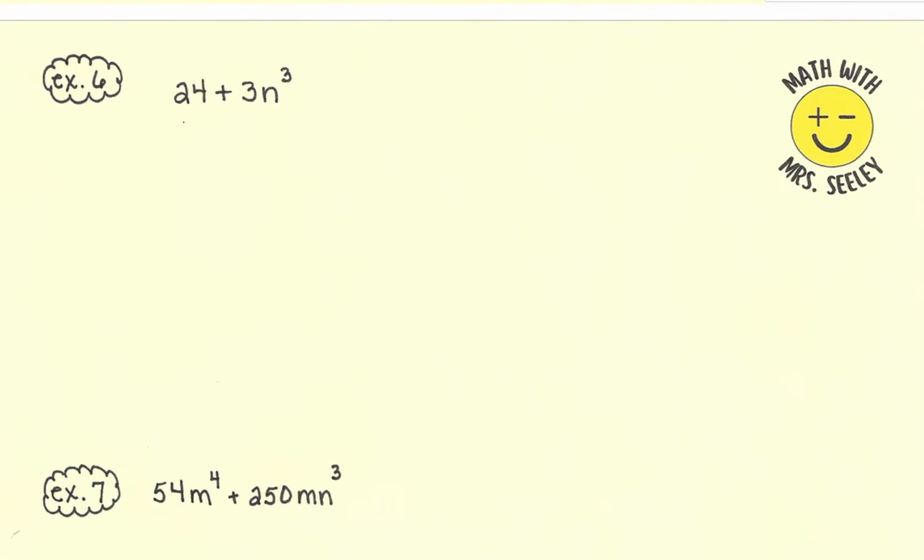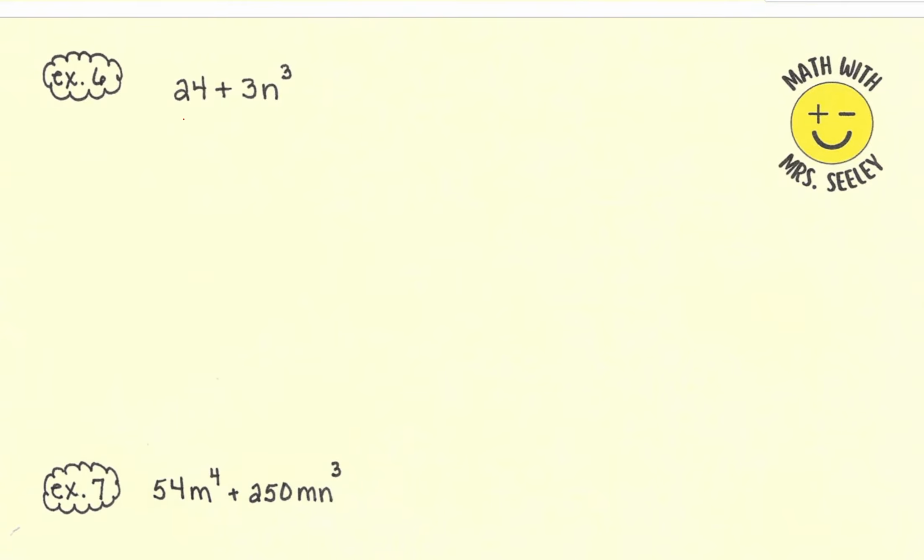All right, let's take a look at number 6. When I look at 6, as it is, it doesn't fit the pattern. I don't see that this is the same thing times the same thing times the same thing. However, this cube is making me think that there could be something going on. So I'll take out a greatest common factor first, take out a 3 from both terms. 24 divided by 3 is 8.